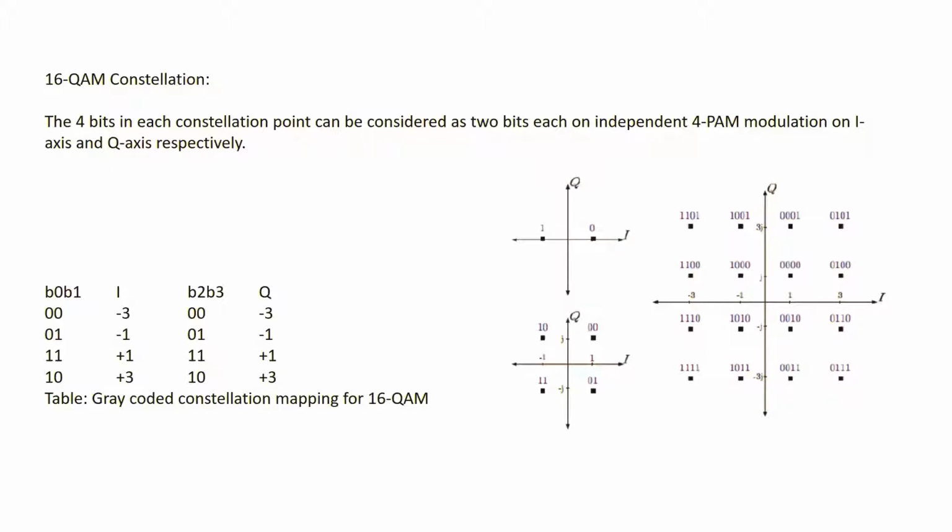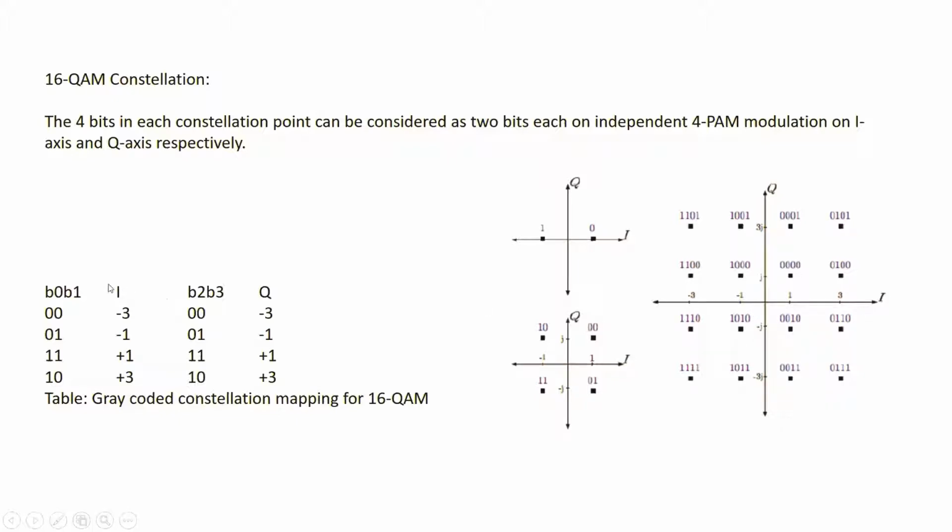So if we look at this diagram, the 16 QAM constellation has 16 symbols, and there are 4 alphabets representing these 16 symbols: -3, -1, 1, and 3.